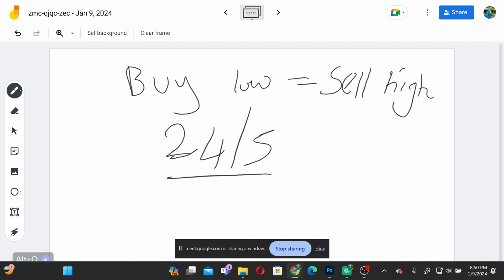You can access leverage, which means you can trade with a small amount of money and increase it. You can trade many pairs, because we have dollars, Japanese yen, Swiss franc and all that.